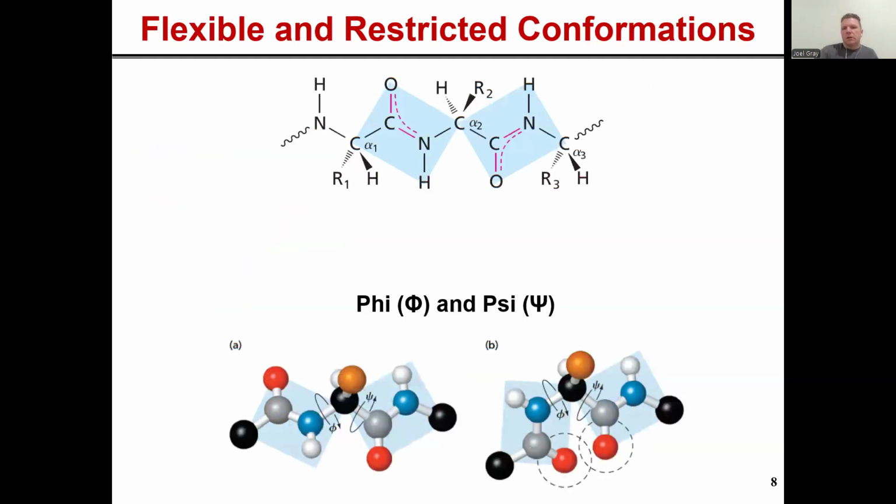Now these two bonds have some flexibility. So whenever you see a polypeptide or a protein, it's important to be able to identify where your peptide bond is and where your phi and psi angles are. In addition to that, take a figure like this and visually process it, aligning it with this.